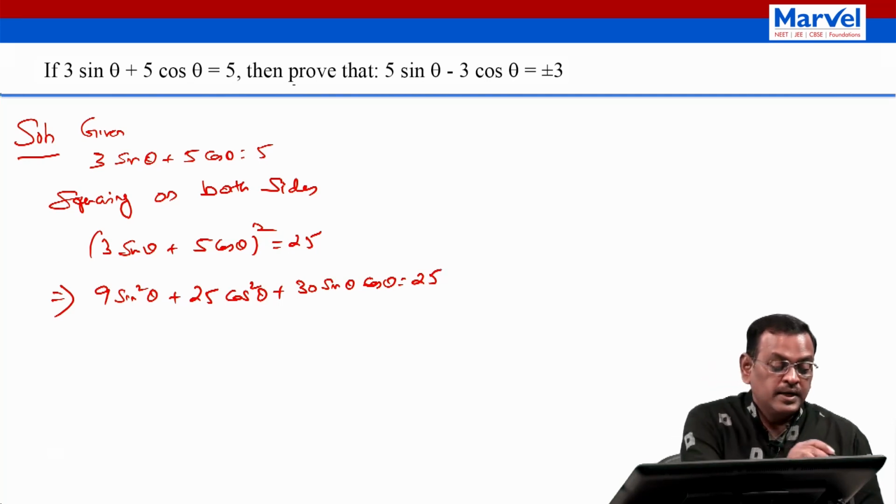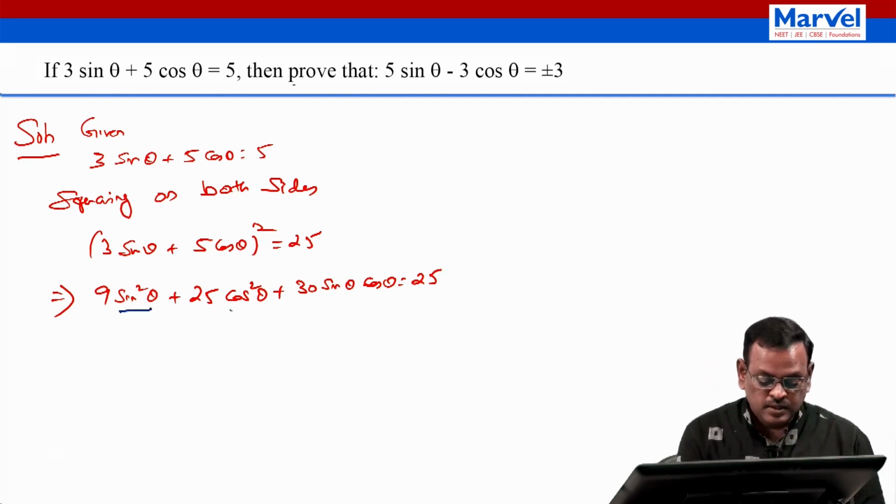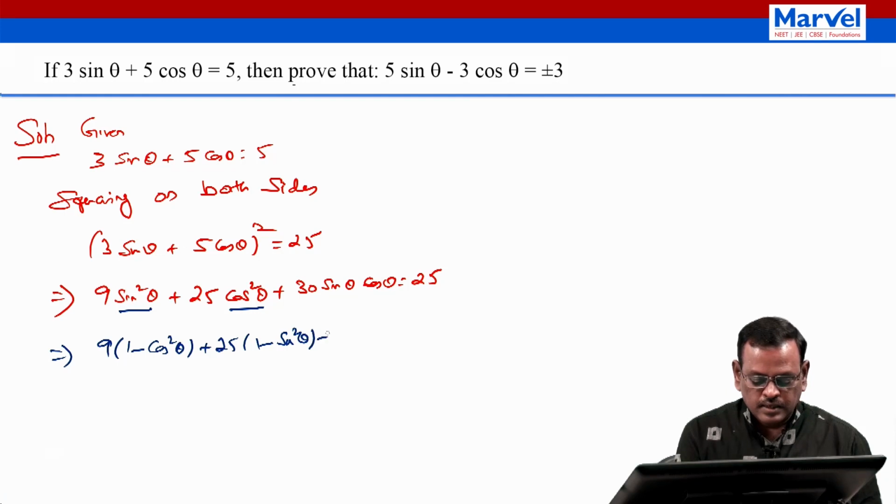Now replace sin square by 1 minus cos square and cos square by 1 minus sin square: 9 into 1 minus cos square theta, 25 into 1 minus sin square theta. This term as it is, no change in this term, 30 sin theta cos theta equal to 25.